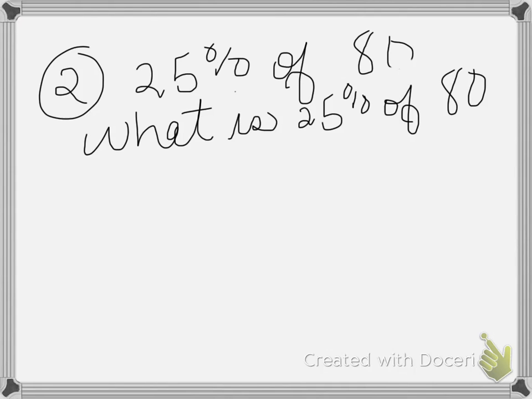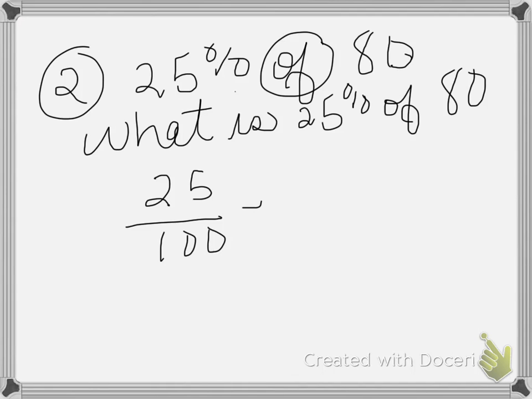So you know the 25% is going to be over 100. That is if you just don't want to multiply. You can just multiply it across since the of is in between. But if you want to set it up as a proportion, you know 25 is going to be over 100. Okay? And is over of, or you can say part over whole.